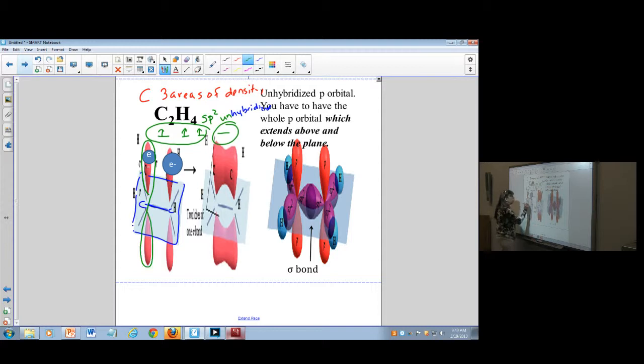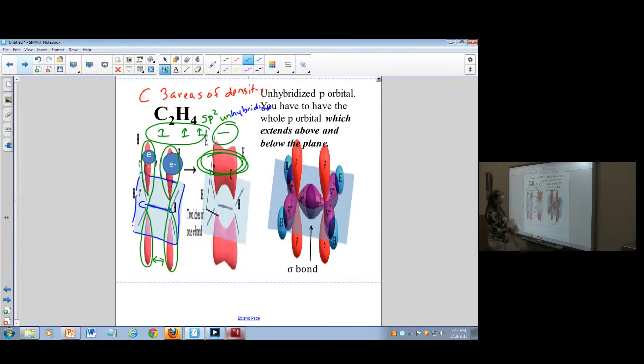Unhybridized. Notice that these are dumbbell shape, and I made them really big so we could see them. Each of those is going to end up having the electron, okay? And when those electrons bond, when those electrons overlap, oh, by the way, we get an overlap on the p orbitals.